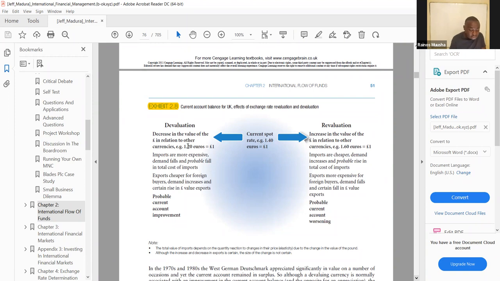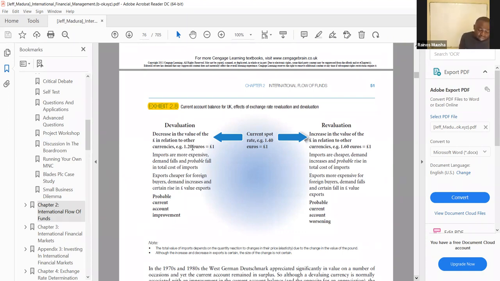So our imports are becoming more expensive, because initially for £1 we could buy more, and now we can buy less. The exports are cheaper for foreign buyers, demand increases, and there is a probable rise in the pound value of exports.